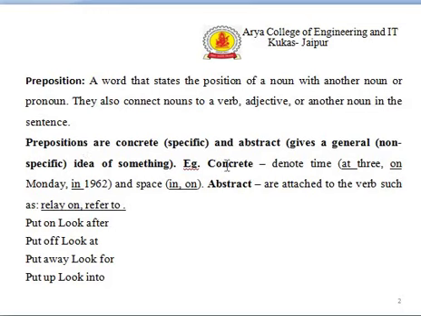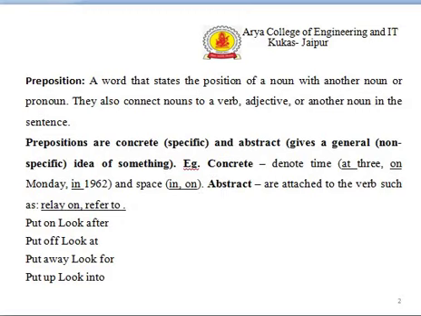Concrete prepositions denote time, like at 3, on Monday, in 1962, and space, in Jaipur, on the ground. So this is specific and it specifies something.